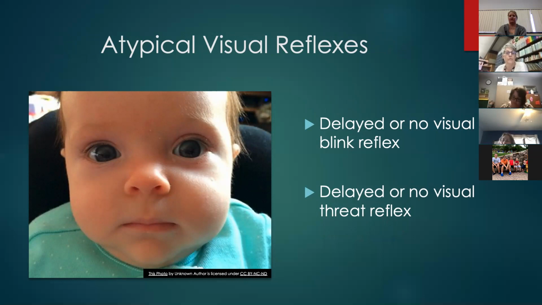A blink reflex is if you show the child something, you don't actually touch the face with just a blink reflex, but with the threat reflex you'd actually come in, and if you're touching your nose and you're not blinking, that's pretty significant generally. So again, she's the only one that really looks at the blink reflex in terms of assessment.